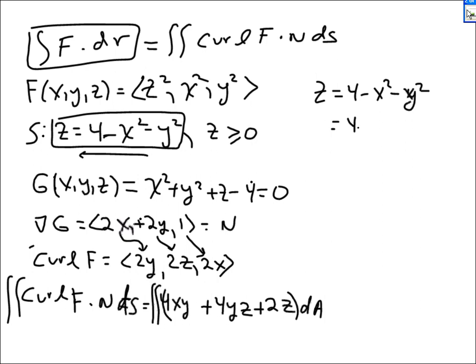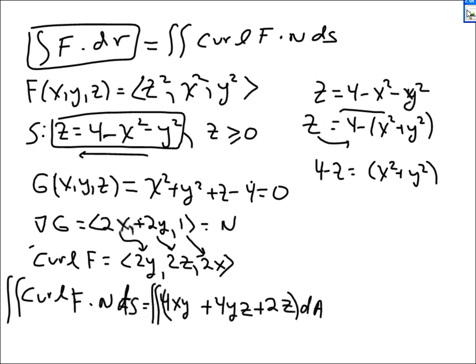That is, z is 4 minus these circles. In fact, bringing the z over and the x squared plus y squared over, you get that 4 minus z is x squared plus y squared. When z is 0, then x squared plus y squared is 4. So you get a circle of radius 2.